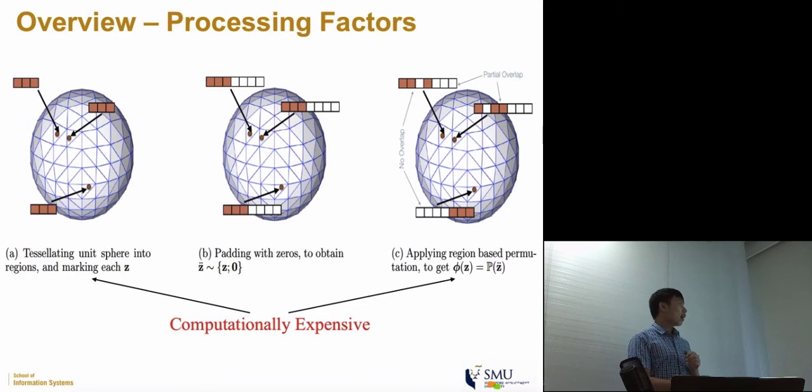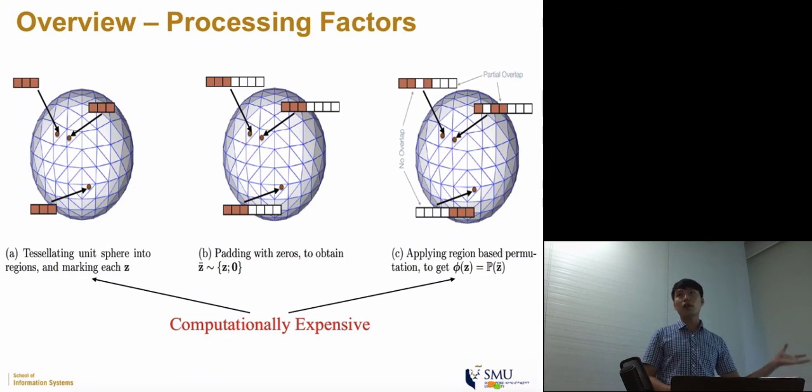In order to locate which region one particular vector belongs to, you need to compute the inner product between that vector and all the tessellating points, right? Meaning that you need to check whether it belongs to this area, this area or not.